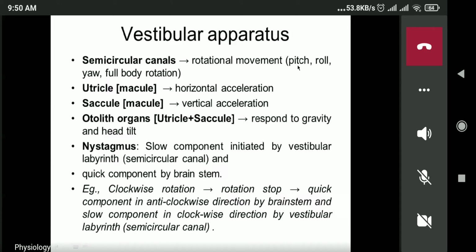And if we rotate our body as a ballet dancer rotates, full body rotation, then the fluid inside the semicircular canals is moved, and that movement causes the movement of the hair cells present in the cristae ampullaris, right?